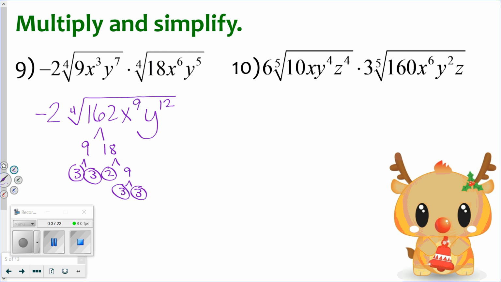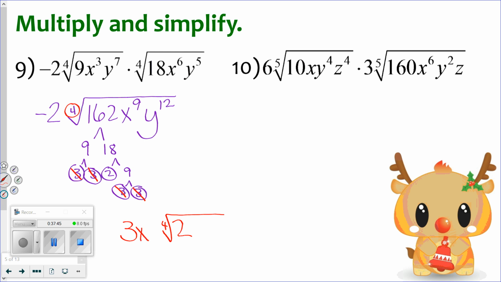How many need to be in a group to come out? 4. Because of that 4 right there. So I do have 1, 2, 3, 4 3's. So the 3 comes out. That little leftover 2, leftovers in the fridge, it goes back. Groups of 4 from the x's.